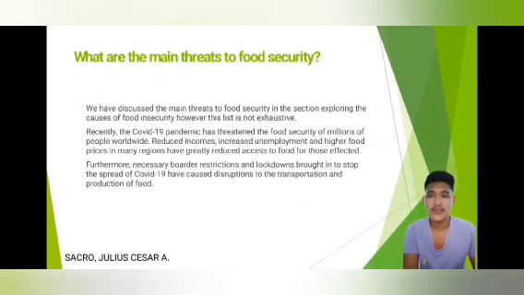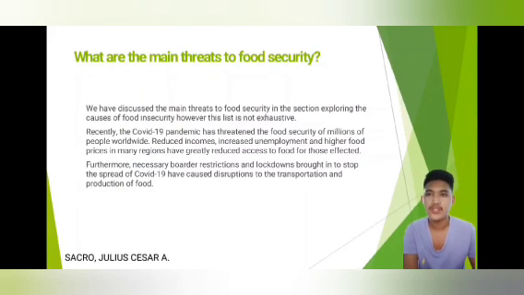What are the main threats to food security? We have discussed the main threats to food security in the section exploring the causes of food insecurity. However, this list is not exhaustive. Recently, the COVID-19 pandemic has threatened the food security of millions of people worldwide.